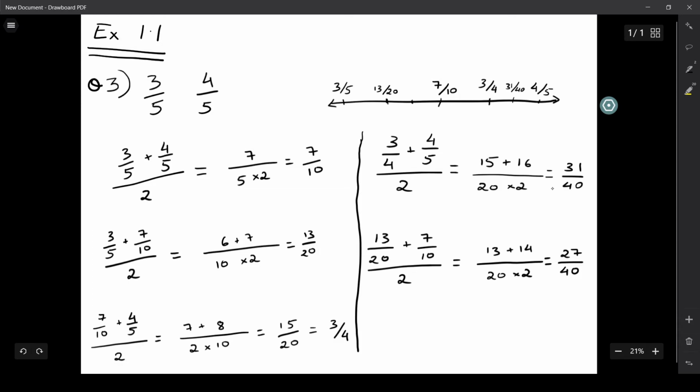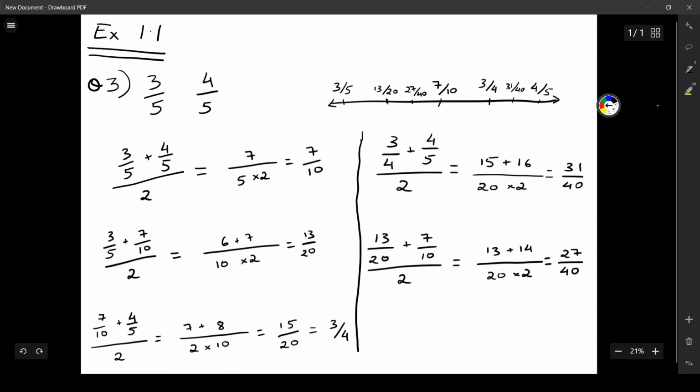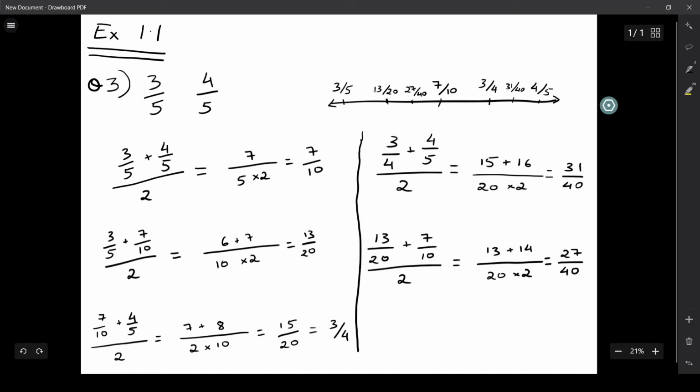This gives us 27 by 40. And that gives us our 5th number between 3 by 5 and 4 by 5.